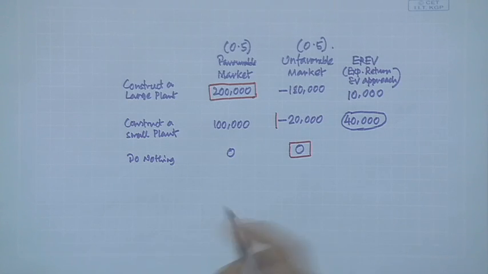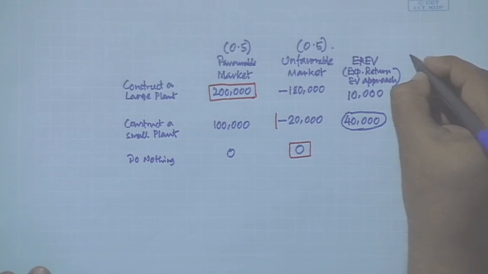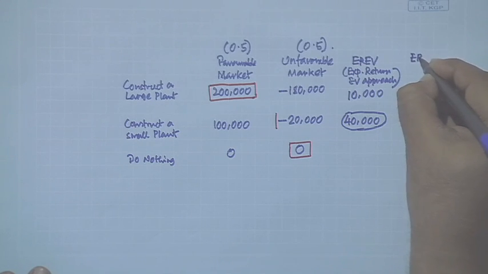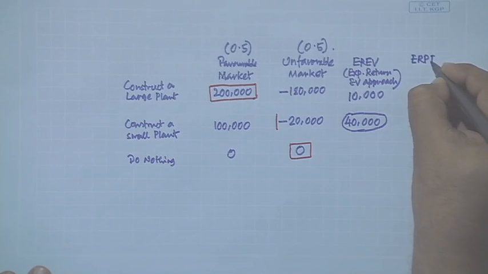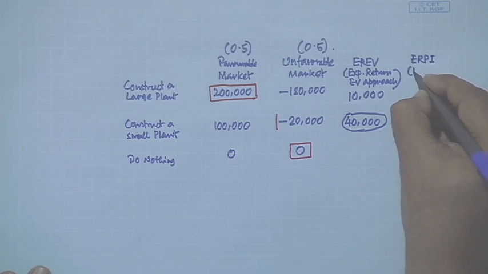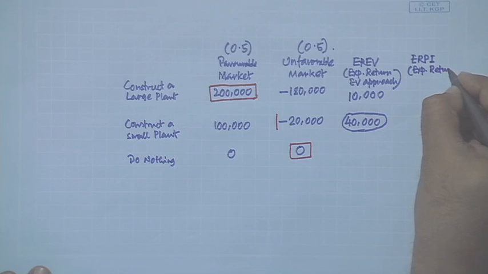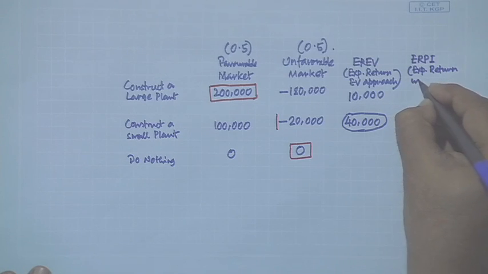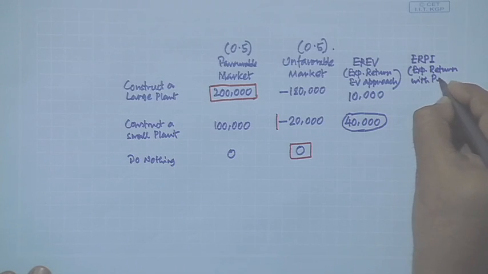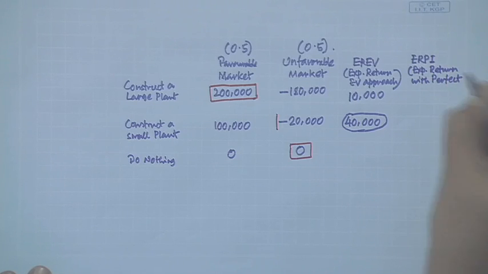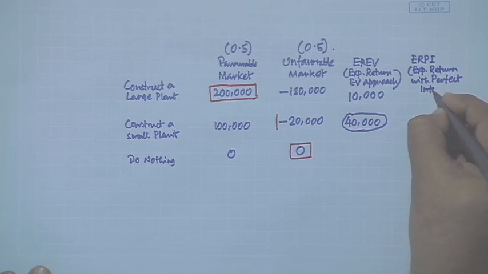So, under that situation we can actually calculate what is known as the ERPI, that is expected return with perfect information. What is the expected return with perfect information?